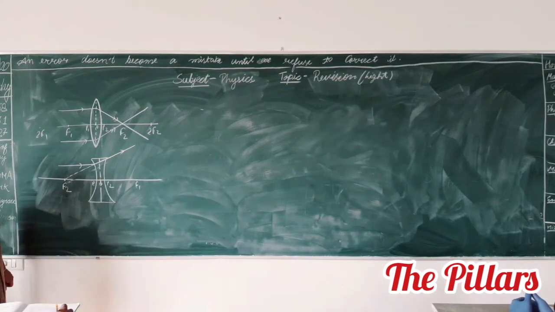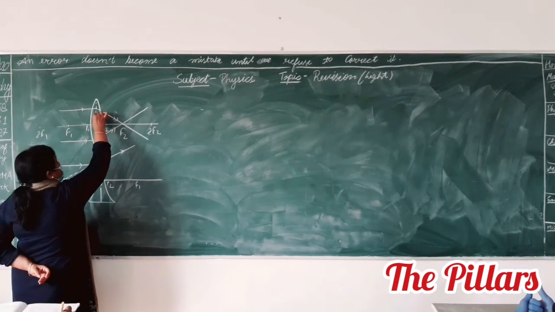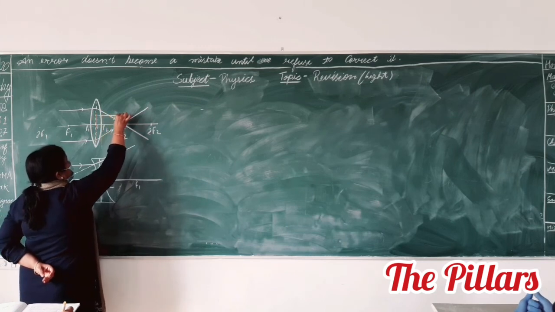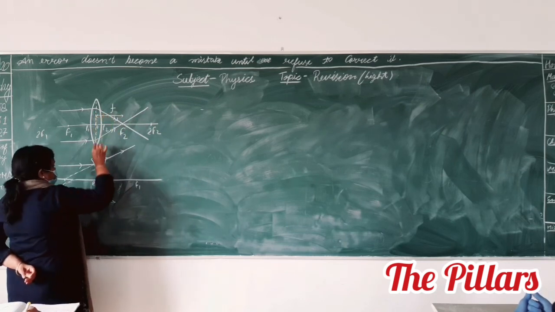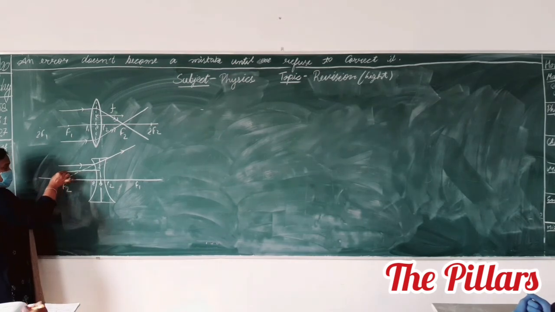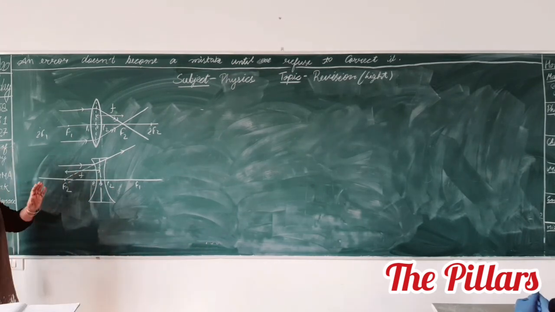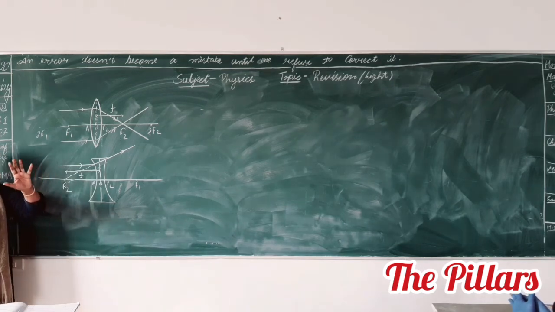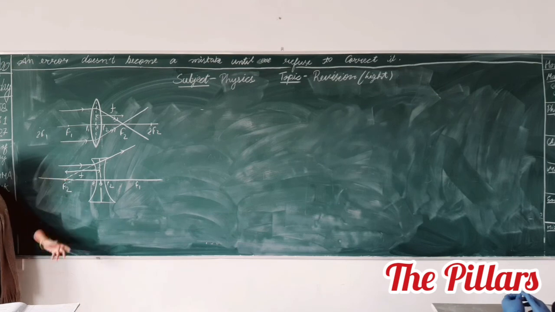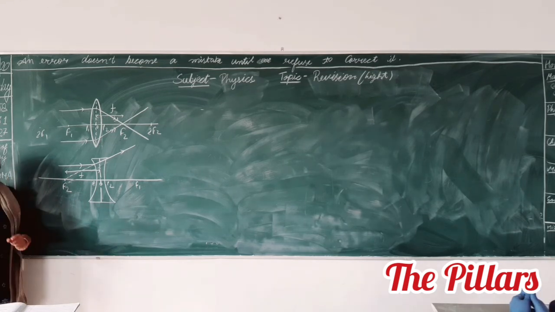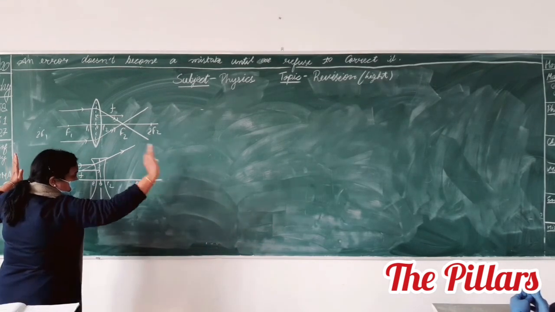Okay? What is the distance between optical center and focus called? Focal length. The distance between optical center and focus is called focal length. Okay? We know the sign convention. What is the sign convention? See, the light travels from left to right.